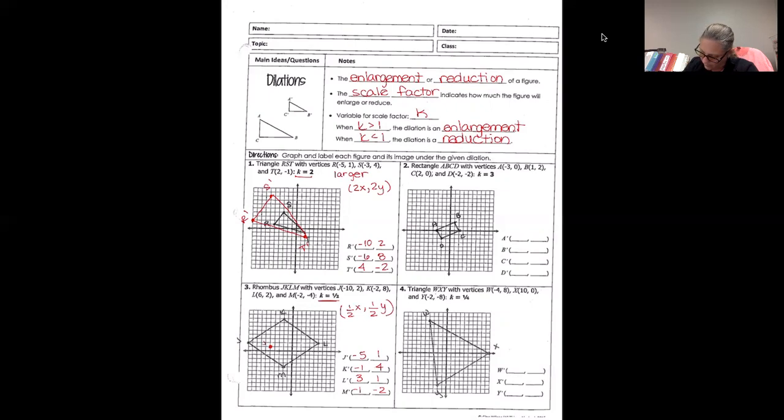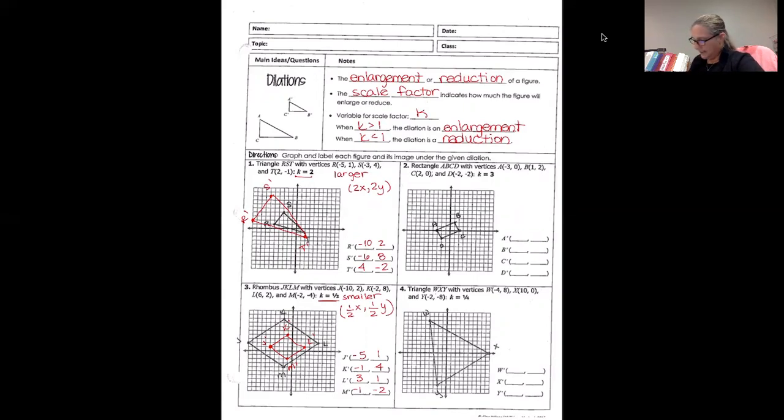And remember, this is less than 1, so it's going to get smaller, half as small, actually. And don't get too caught up on whether it is inside the figure, outside the figure, or overlapping the figure. Just make sure you're doing what you're supposed to do and it will be just fine.